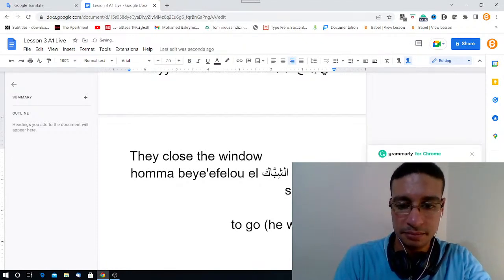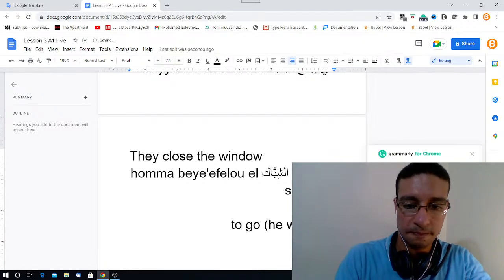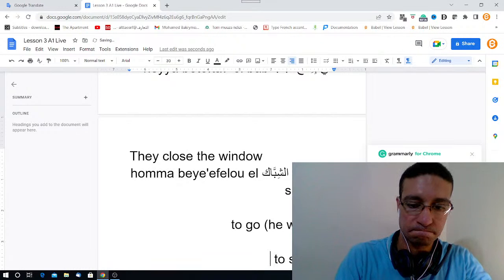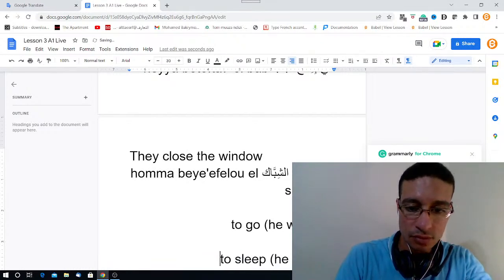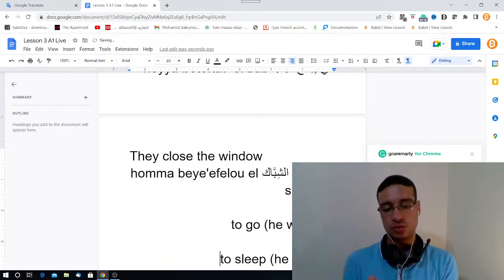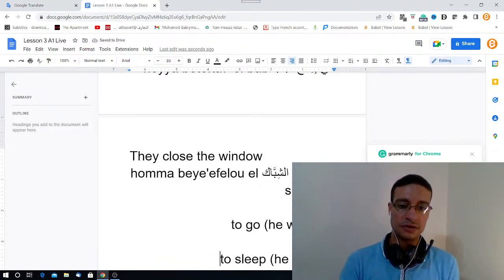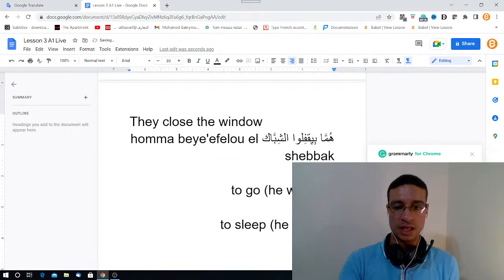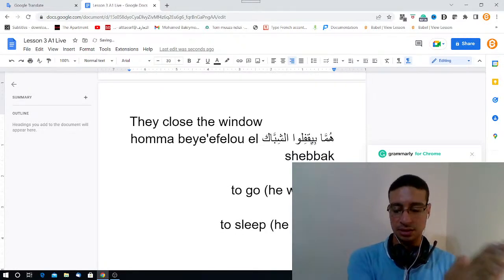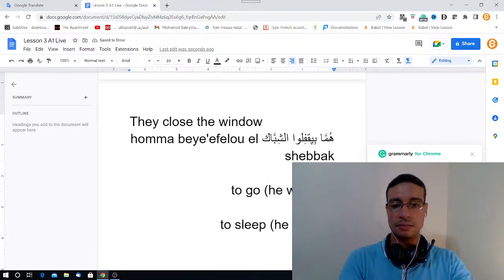We will learn two verbs like this: the verb nam, to sleep, which also means he slept, and the verb راح. In the verb nam, the conjugation starts the same, بنام.